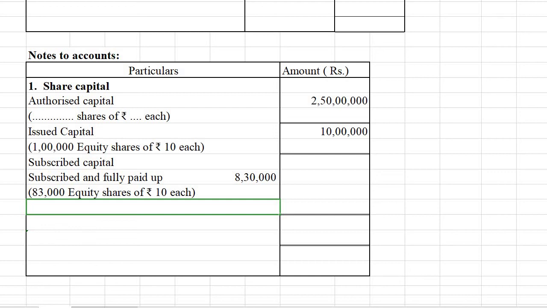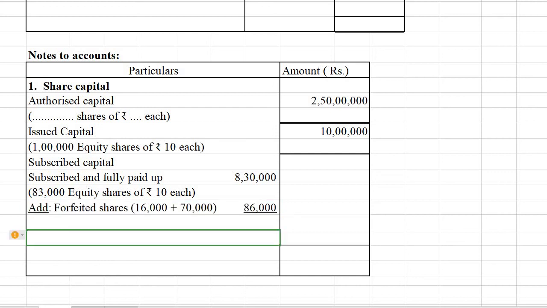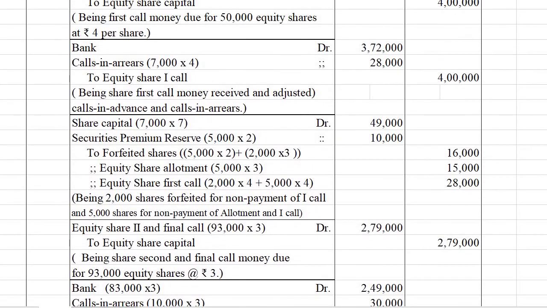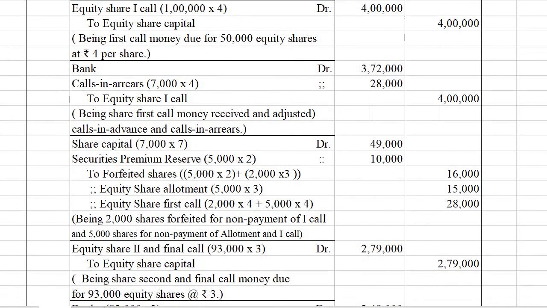And some remaining shares are there which were not fully paid up. For that we have to add back how much money we have collected. That is the account balance of share forfeiture account. In the first entry share forfeiture we have got 16,000.